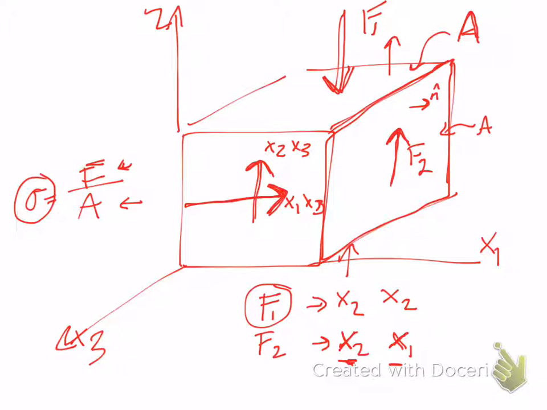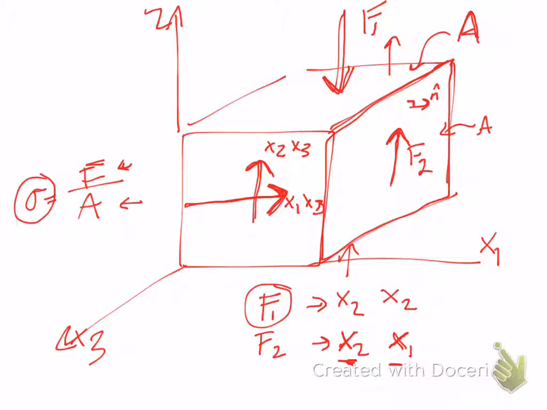Yeah, the area, the side of the box that we're talking about is defined by the normal to it, which is always perpendicular to it. So an area always has a normal that defines it. The force always has a direction that defines it. It's like grammar. Area is a subject. I get it. Yeah.